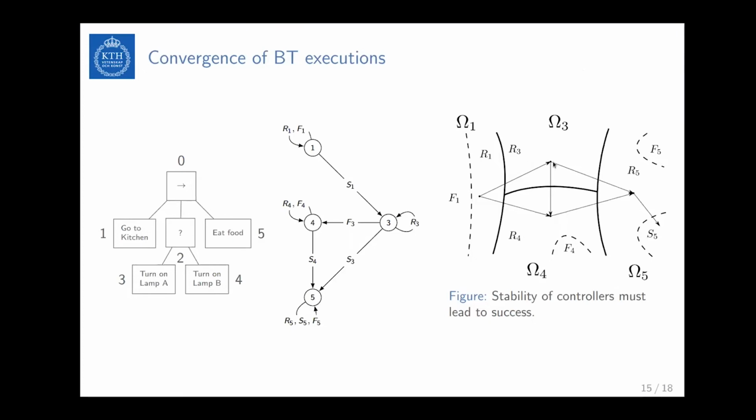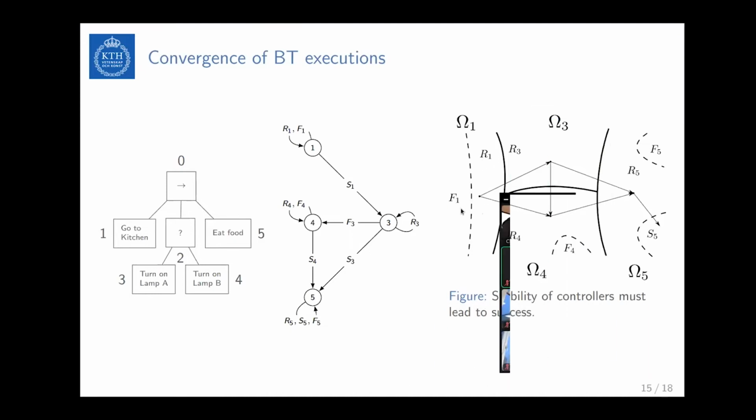And then in operating region 3, you're trying to turn on lamp A, or you can try to turn on lamp B. If you try to turn on lamp A and lamp A fails, then you can try to turn on lamp B. There are multiple different ways to get to successfully eating food, which is this region here.